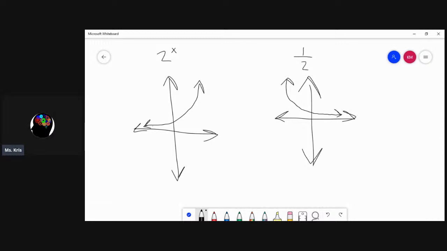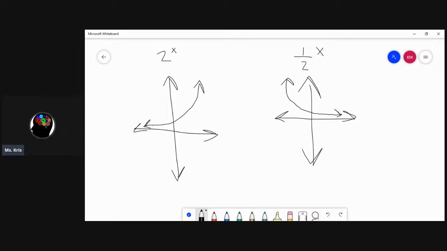If you have fractions, you have decays. Whole numbers make growths, fractions make decays. And all you're doing with them is either making it grow or making it decay.